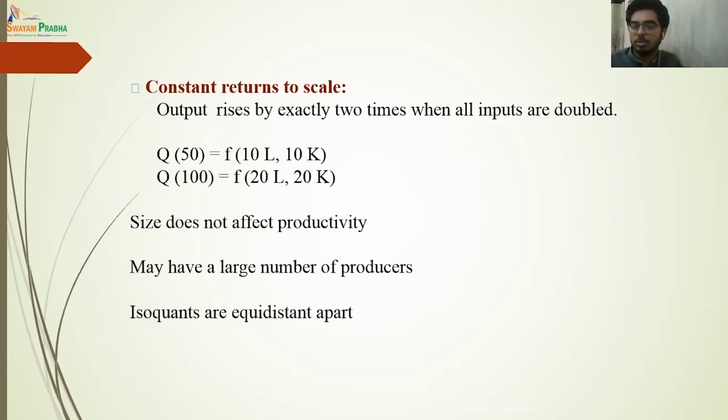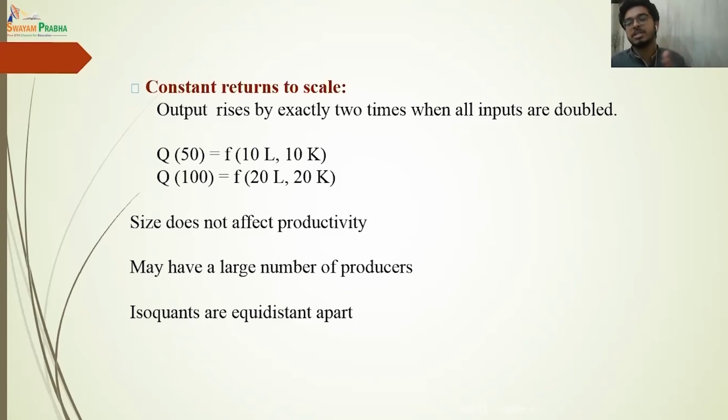So why does this happen? The number one cause is size does not affect productivity. We have seen large business industries, where there are a lot of people working, and it has a large size, but at the same time the productivity may not increase. Whatever the technology, whatever the size, it does not really matter in terms of the output it is producing.